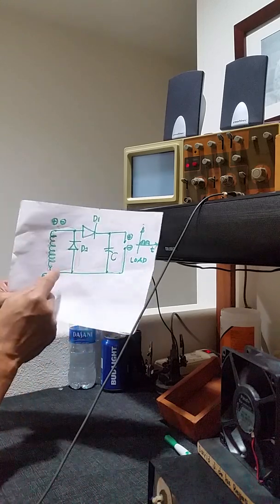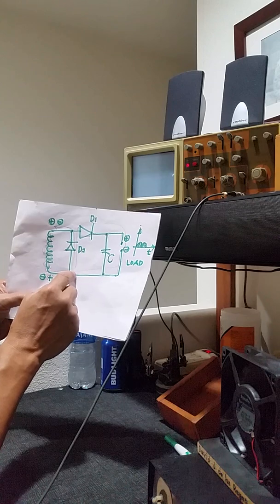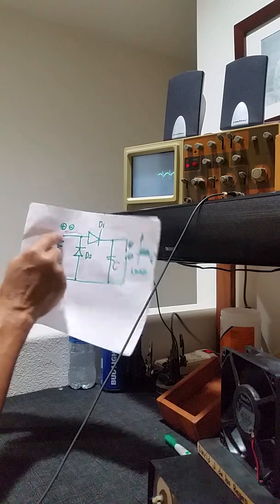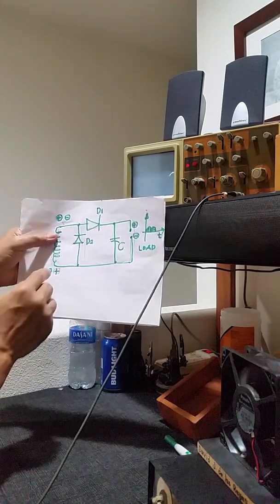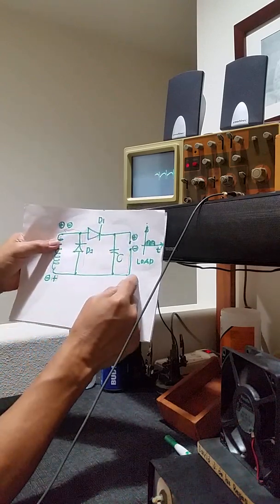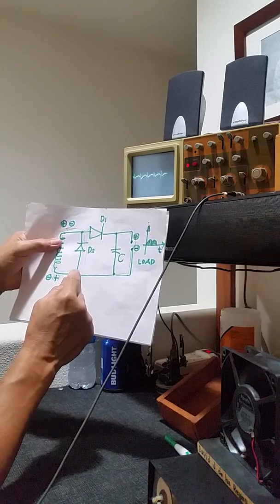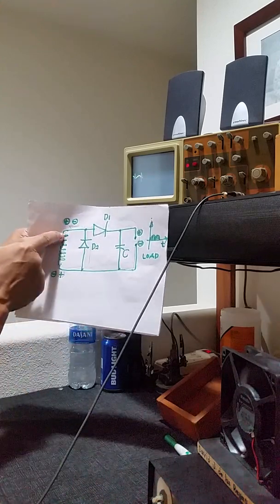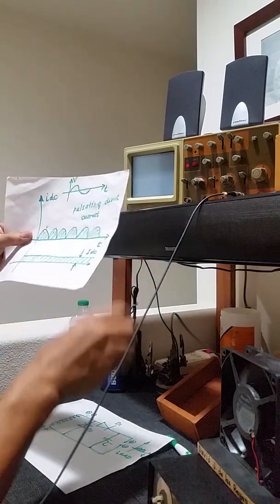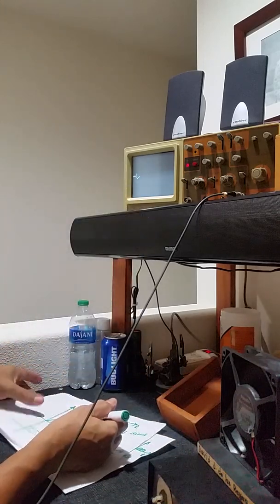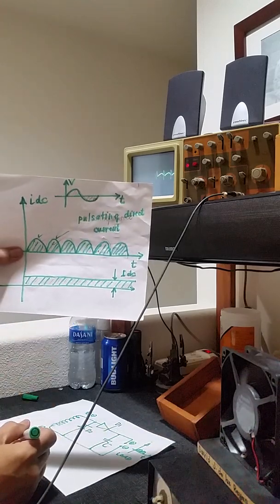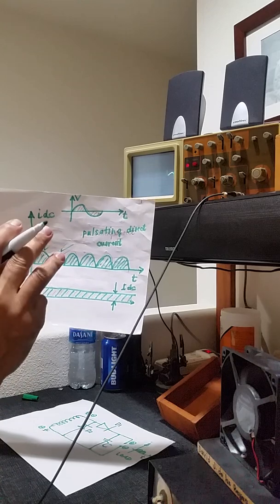It should be going up, passes through diode 2 again, then goes back to the top terminal. That's for the negative alternation. And the output current at that time will be this, the second one.